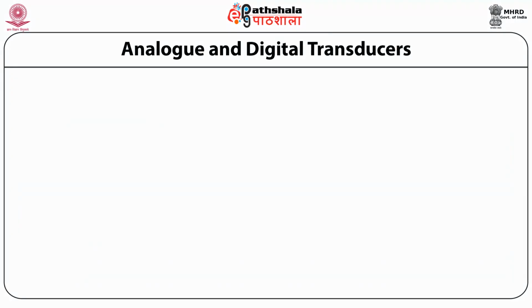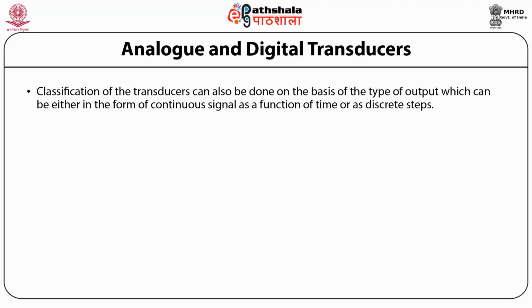Now students, let us see the analog and digital transducers. Classification of the transducers can also be done on the basis of the type of output, which can be either in the form of a continuous signal as a function of time or as discrete steps.